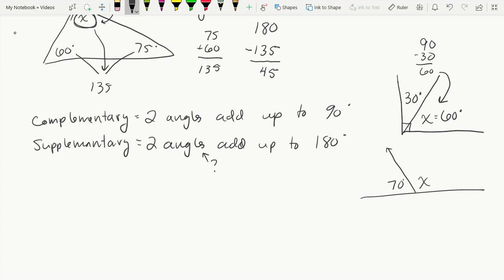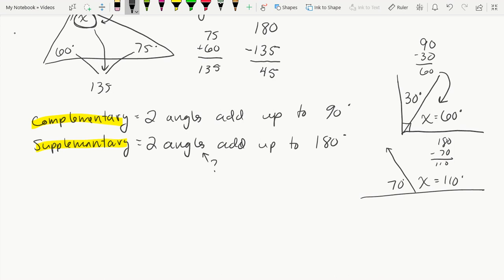Well, now all I'm going to do is I'm going to go 180 minus 70, and that'll give me 110. So x is going to be 110 degrees because they both add up to 180. So that is complementary and supplementary. I would write those down. If you're taking this in the math room, it's probably written up on the board.